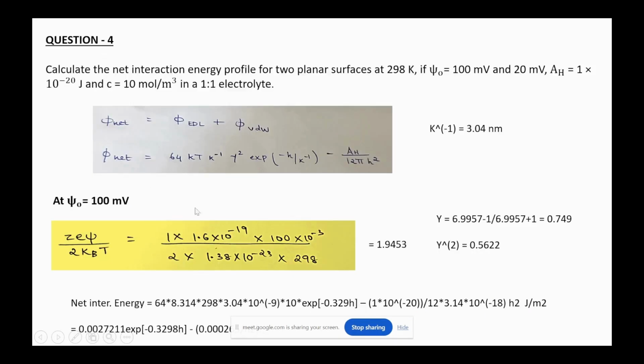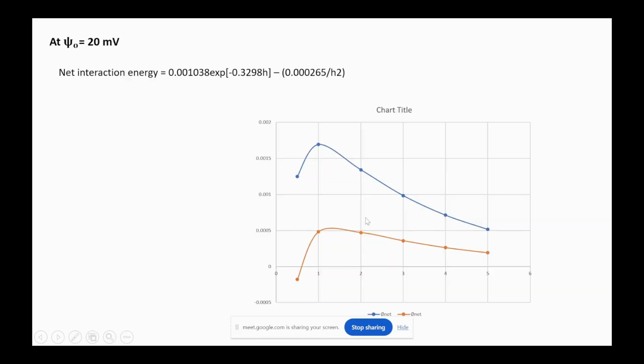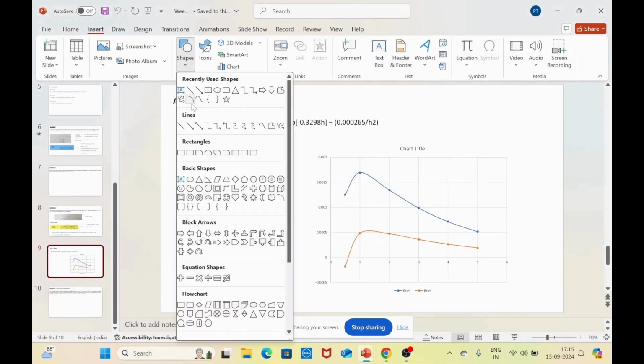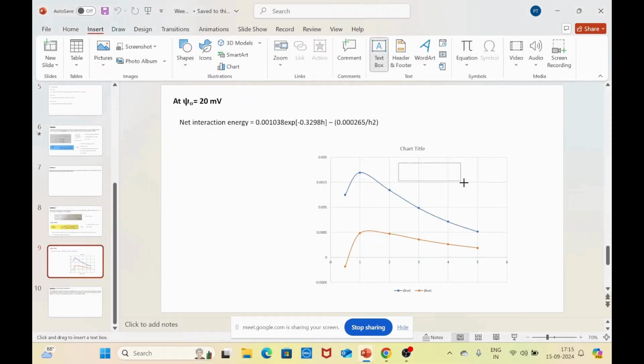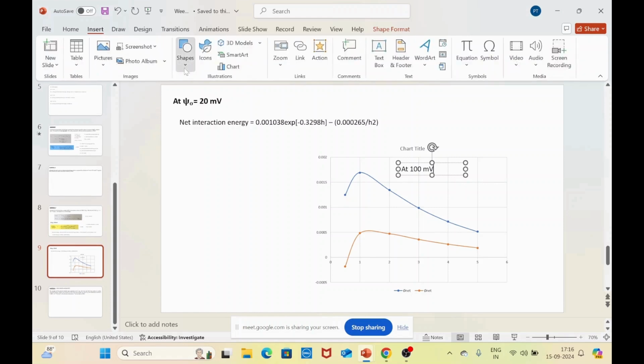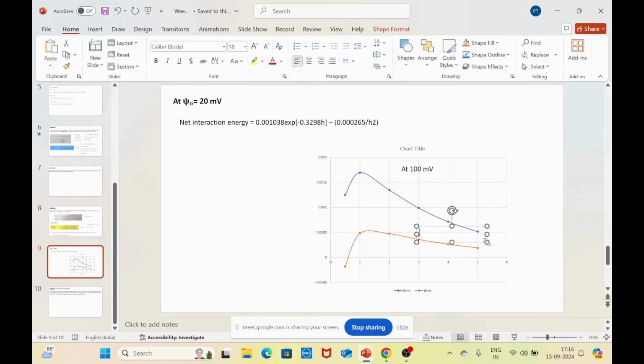We derived the equation, and when we plotted, the first one that you see is for 100 millivolt, and the orange plot is for 200 millivolt.